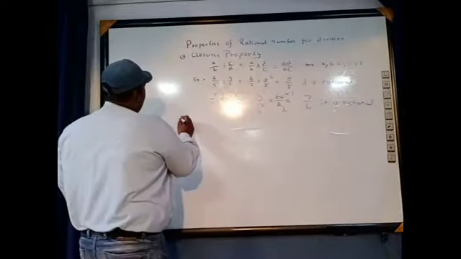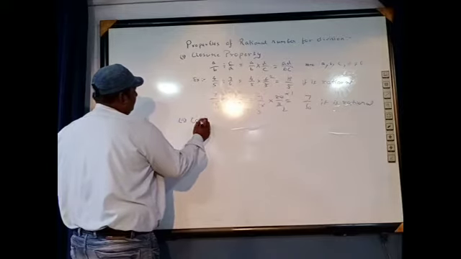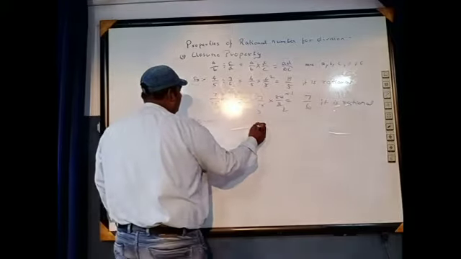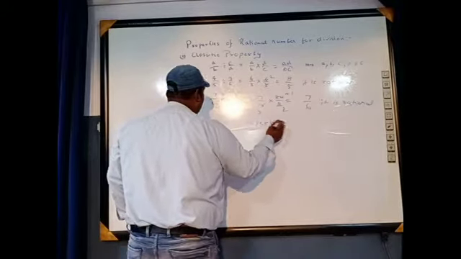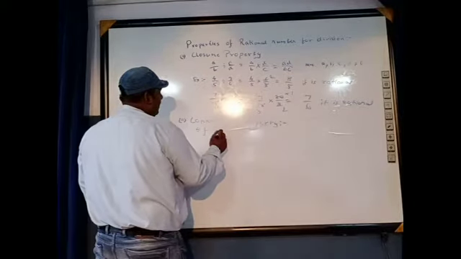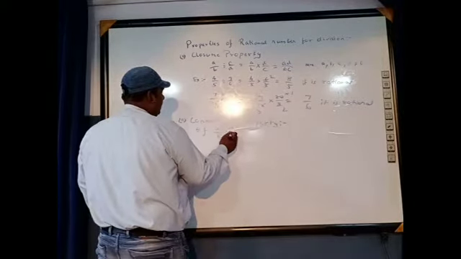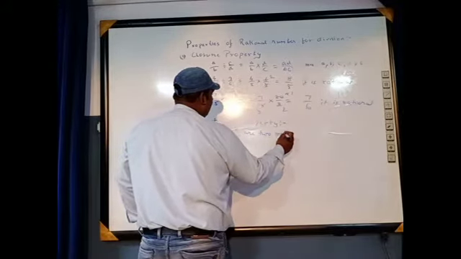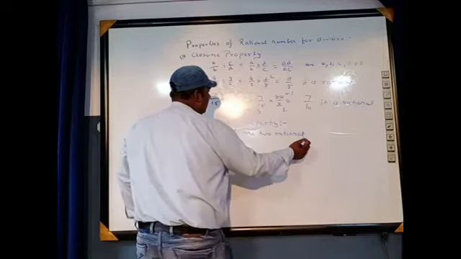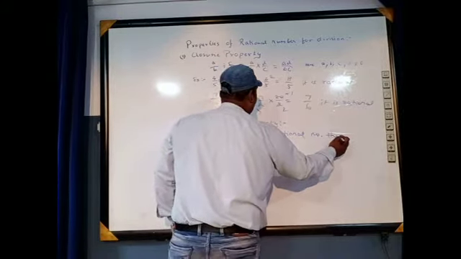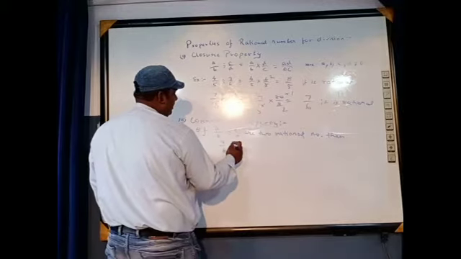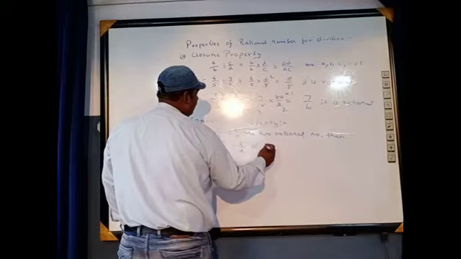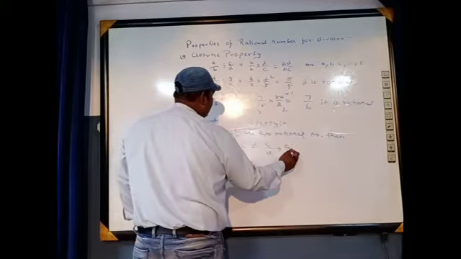Now, second property comes, commutative property. If a by b and c by d are two rational numbers, then a by b divided with c by d is never equal to c by d divided with a by b.